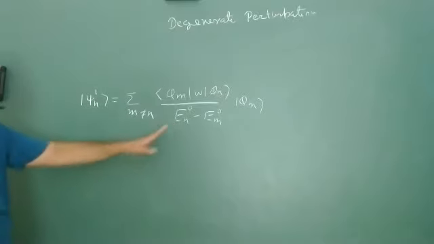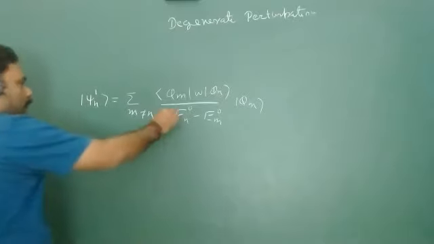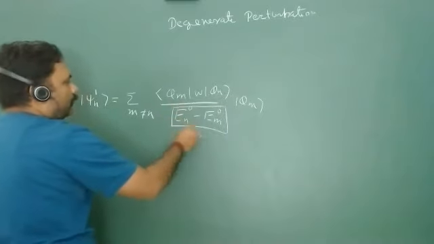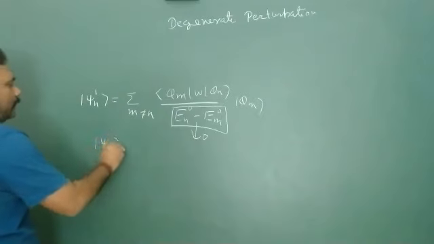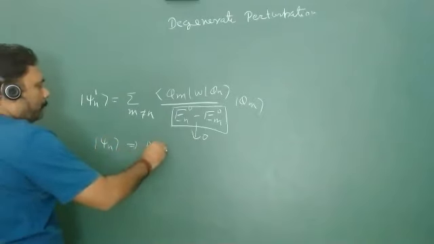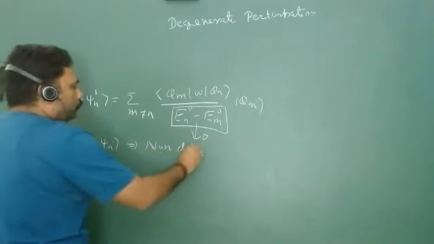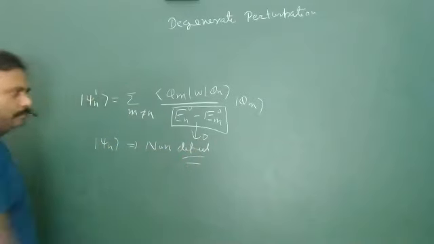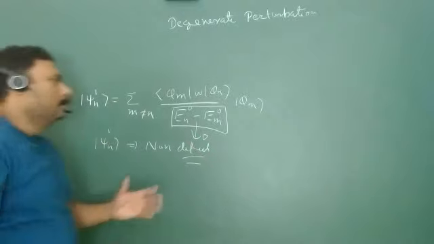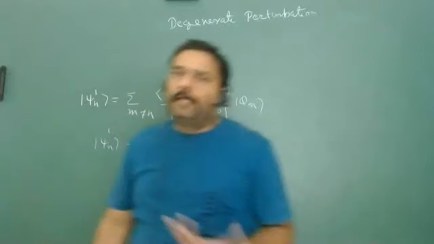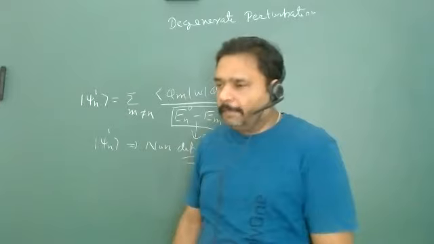Now, if n and m are same, suppose there is degeneracy, then this value will go to 0 and psi n is not defined. So psi n1 is not going to be defined. So it is a big problem. It's a really big problem.